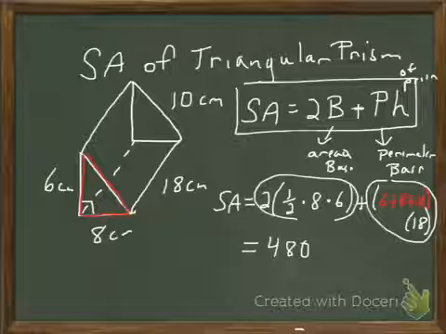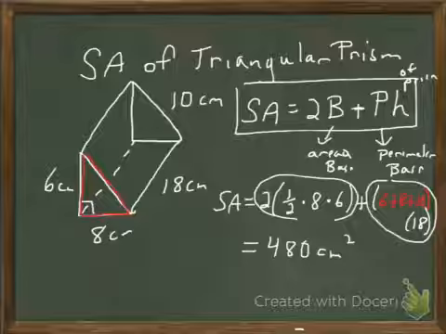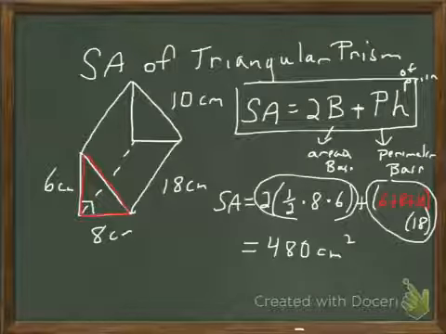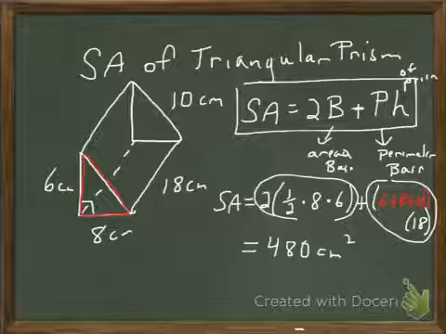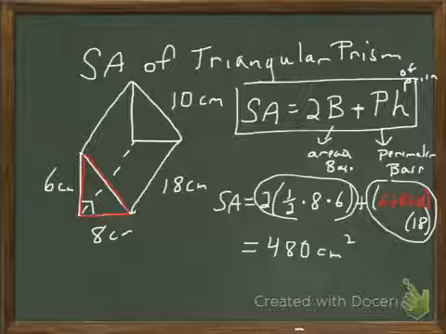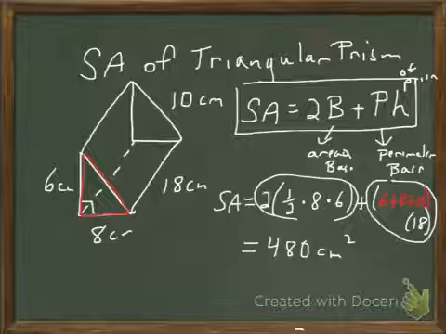Now, surface area, so centimeters squared. That's basically it. 2 times the area of the base, which in this case is the area of the triangle, then the perimeter of the triangle, which is the outside edges of the triangle, times the height of the prism.